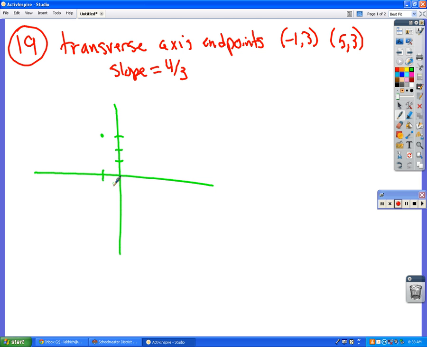The points are -1, 3, and then 1, 2, 3, 4, 5, 3 right here. So if the transverse axis is right there, it's going this way, and that means it's going to be an x squared first.